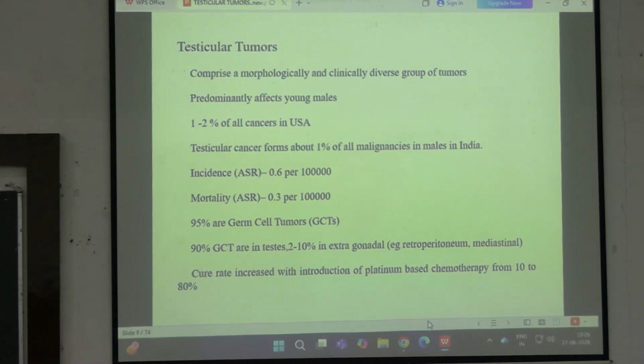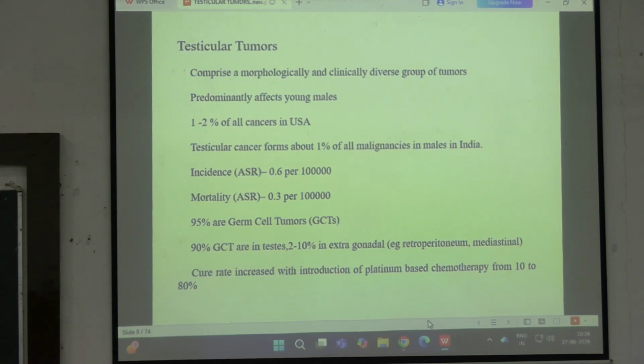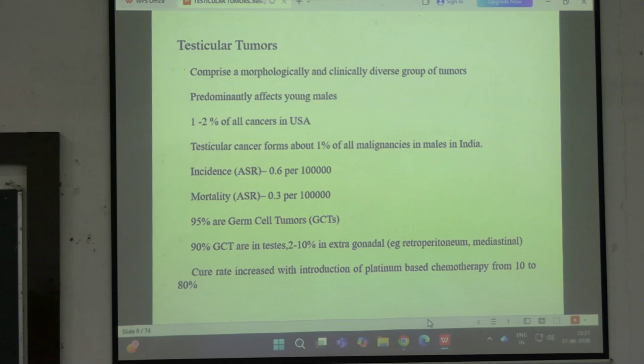Okay, so what are the most common types? The most common type is the germ cell tumor. 95% are germ cell tumors, and the remaining 5% are sex cord stromal tumors. We will come to that, what is germ cell and what is sex cord stromal tumor.